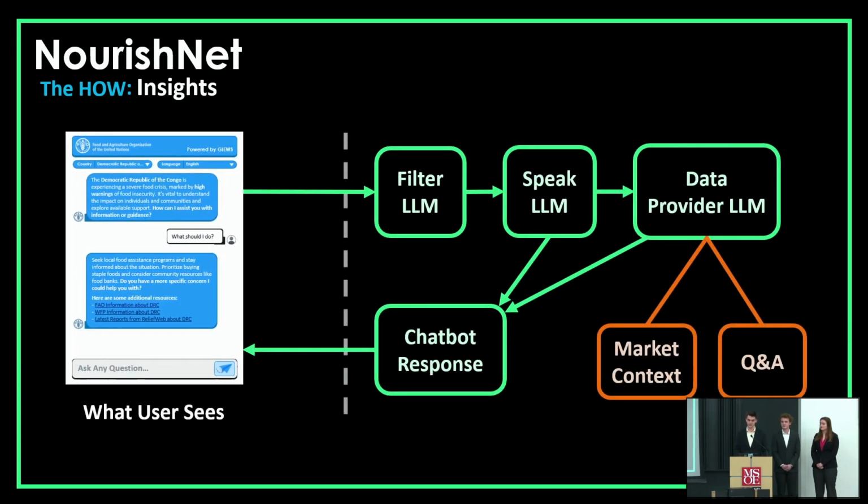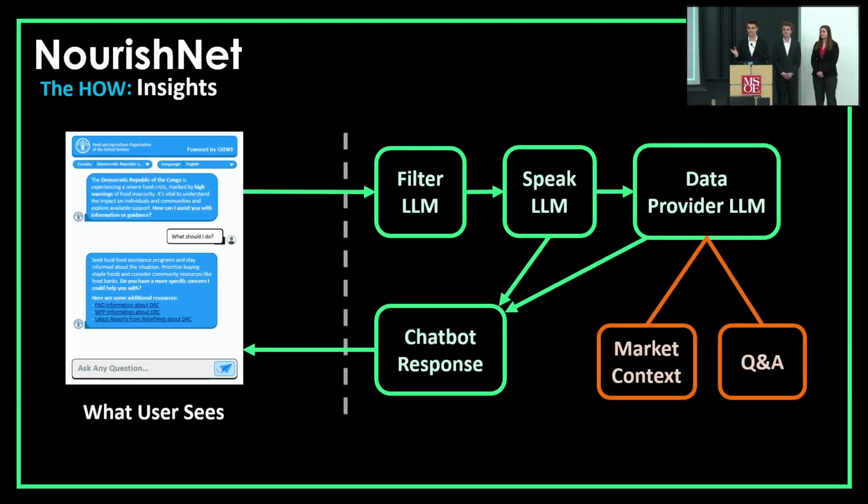Let's look at how this actually works. On the left-hand side, you see the interface we were looking at before, where a user will send in their query of information. This is where we go to the top of the diagram, where we use a chain of thought framework with the same large language model, just using different contexts throughout its processing of the information. First, the filter LLM determines if the question was appropriate and is relevant to what this model was fine-tuned for.